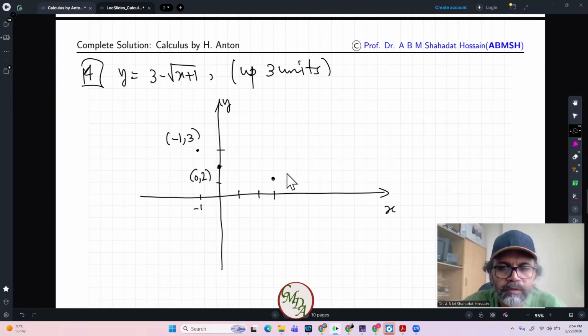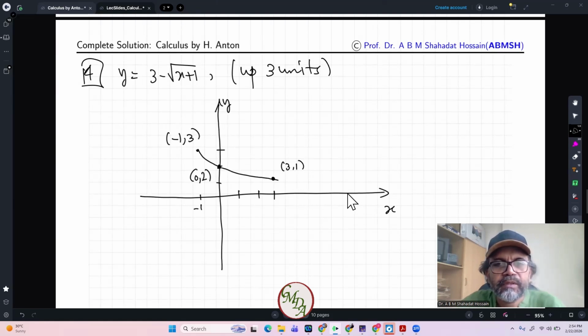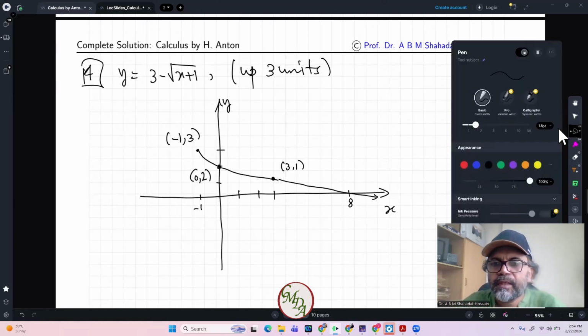So this is the point, 3 units up, (3, 1). So we have this graph. And if you find the x-intercept, it will be like this. So now see the domain and range cases.